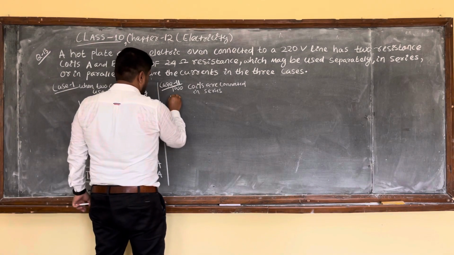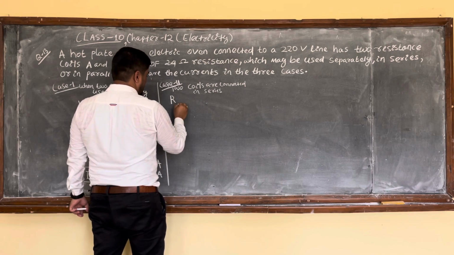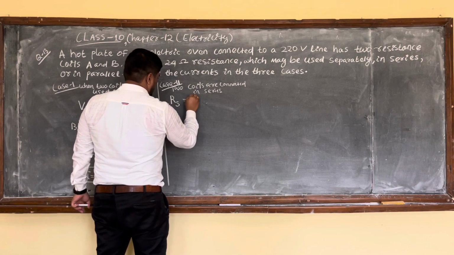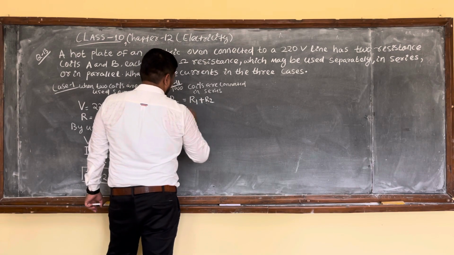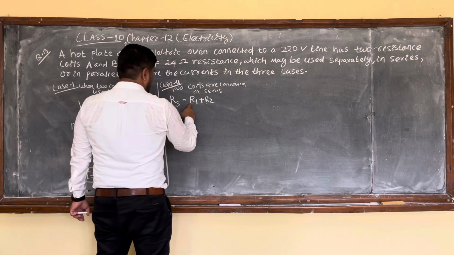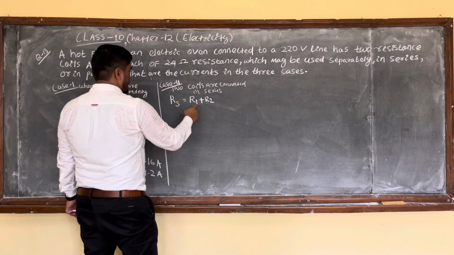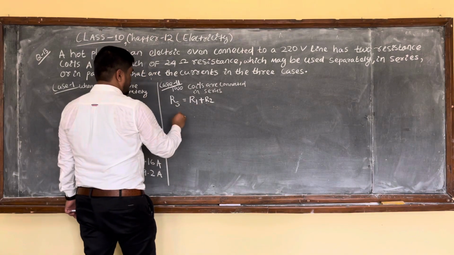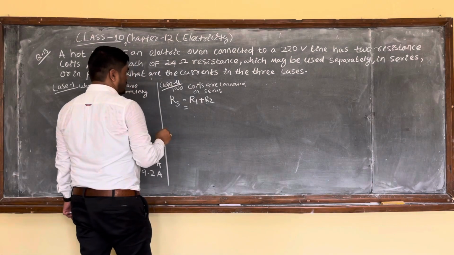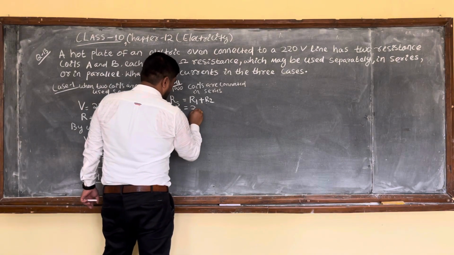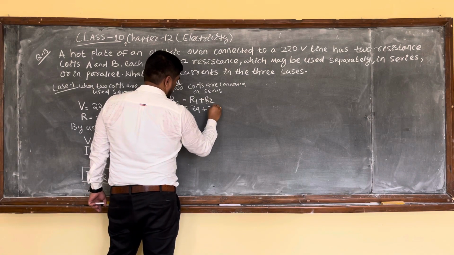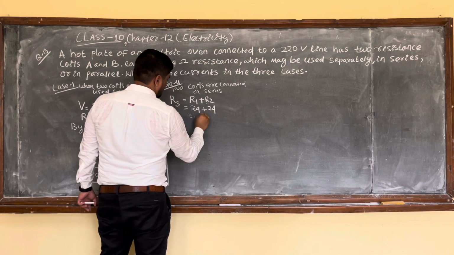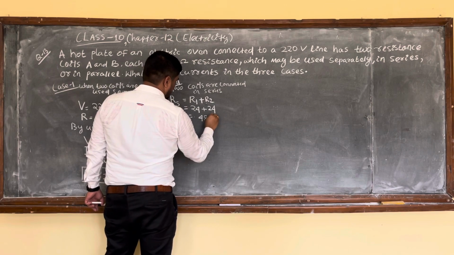The formula for the net resistance in series is Rs equals R1 plus R2, where R1 is the resistance of the first coil and R2 is the resistance of the second coil. Here the resistance of each coil is equal, 24 ohm. So this is 24 plus 24, that is 48 ohm.